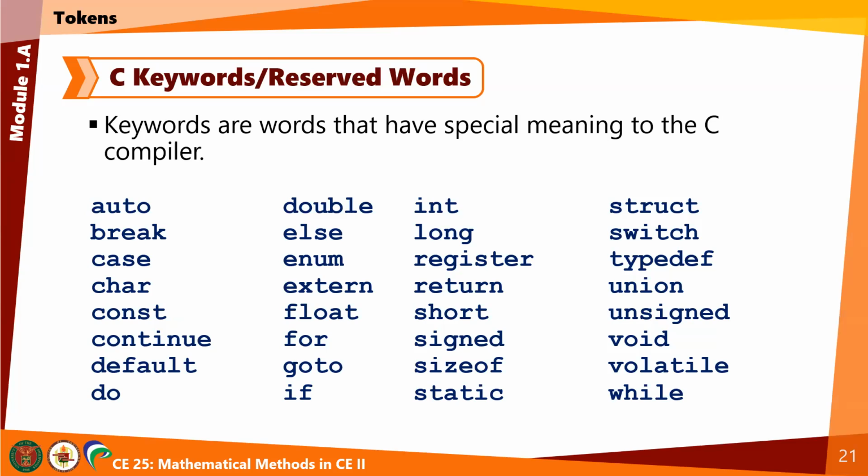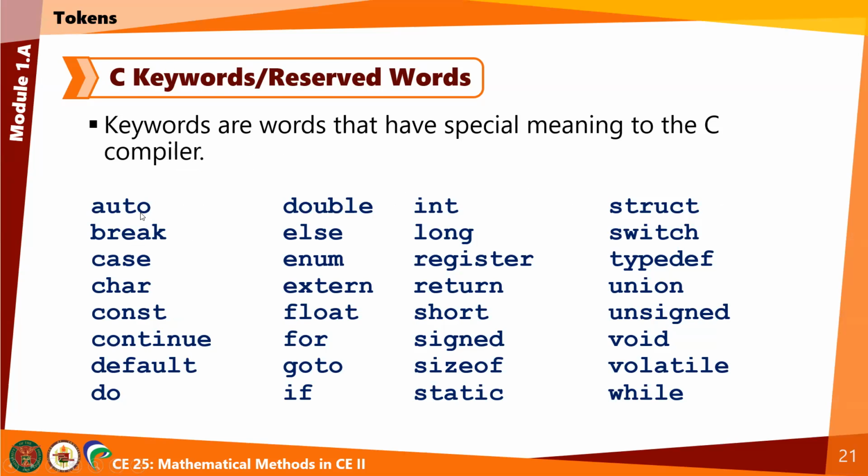I think it can be an advantage, it can be a disadvantage. I don't know for you, but I find it advantageous for me because I can tweak a lot of things in my code with just these 32 keywords. Para bang there is elegance in simplicity. So, elegant yung C for me.